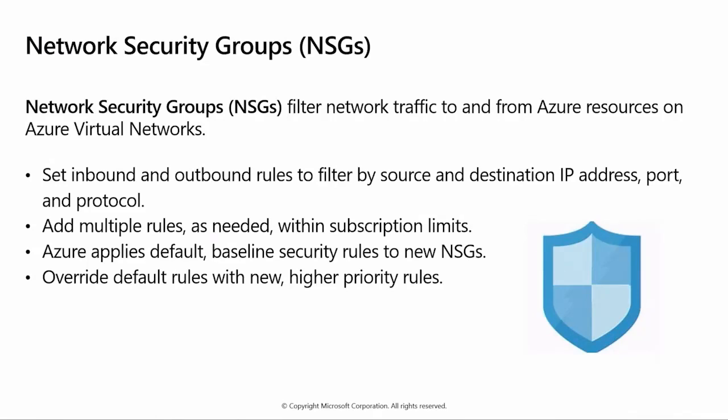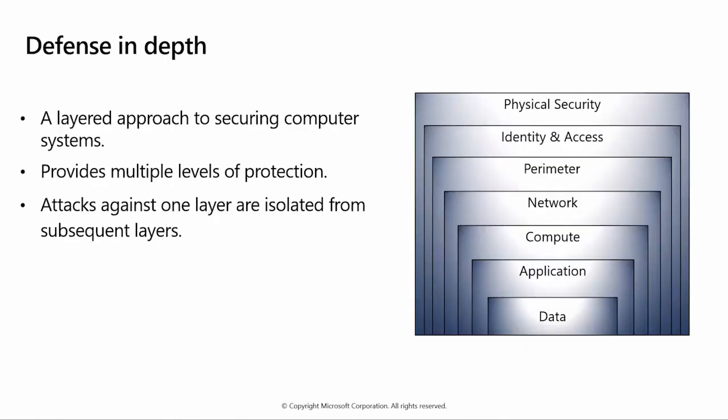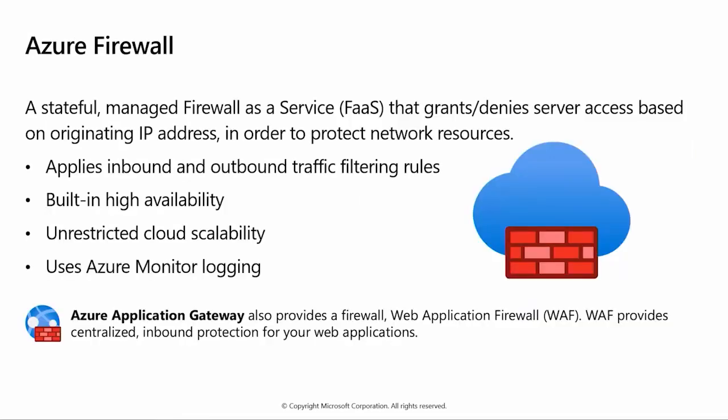So, looking back at our defense in depth graph, network security groups are on the network level. Now we're moving up a level to the perimeter level. At the perimeter level, we have the Azure Firewall. This is a fully managed cloud-based network security service that is there to protect your virtual network resources.